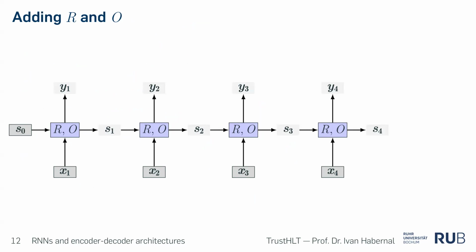We have the initial state here. For each position, we have the input token embedding, for example, and we have the output, and we have the state. And this is how the information flows from left to right in the whole network.